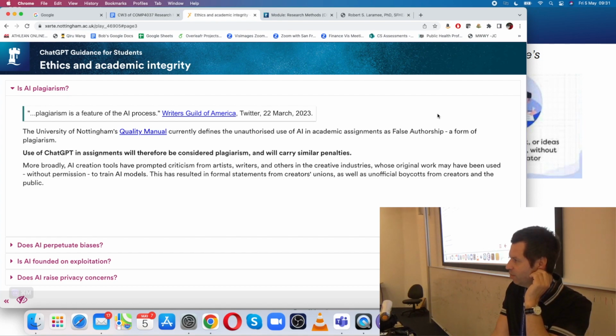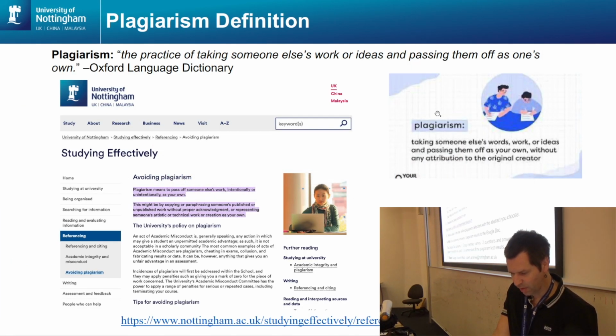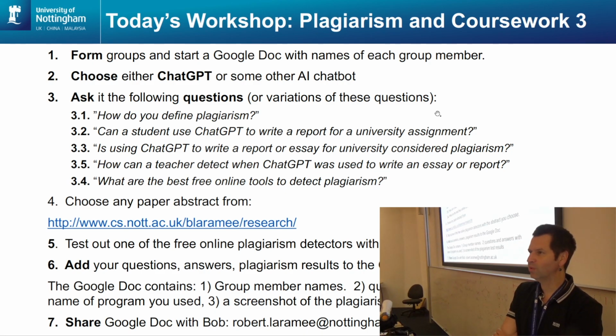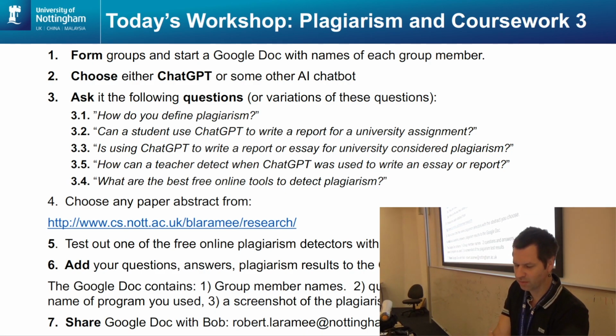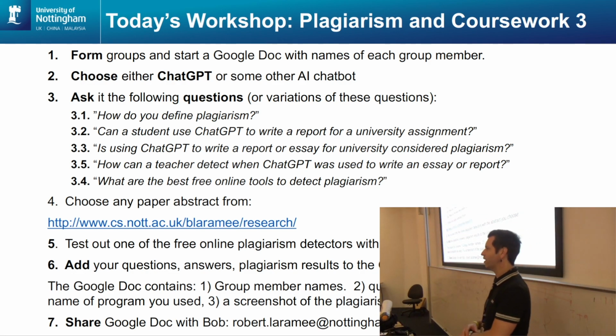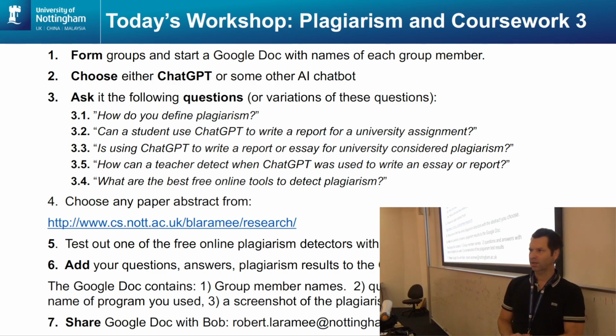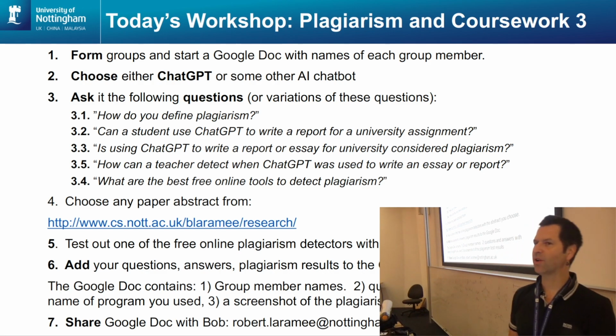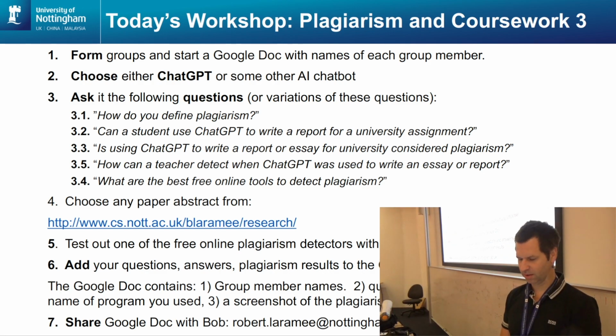What is ChatGPT's definition of plagiarism, and what does ChatGPT recommend that we do in this situation? This is today's experiment. It's supposed to be very easy today, by the way. Simple, easy, fast. This is not a difficult exercise.